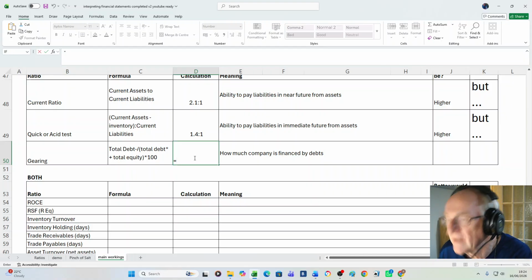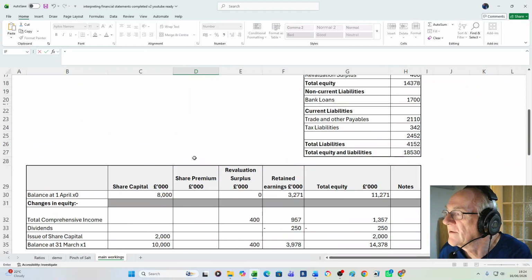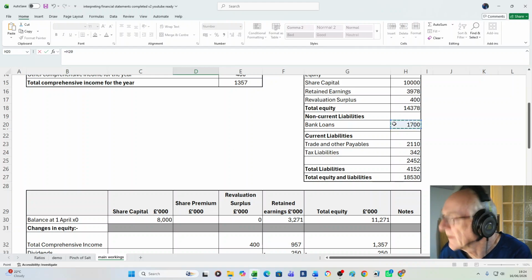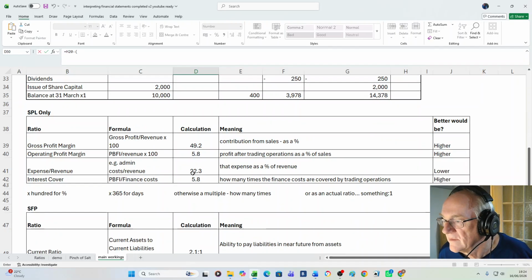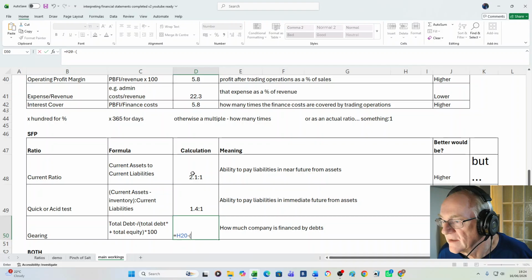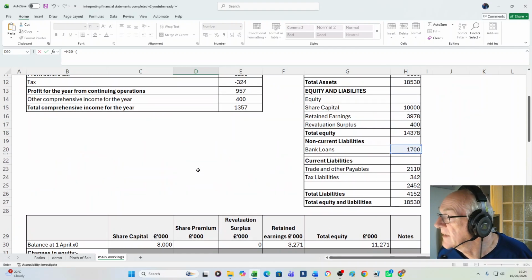So the total debt is just going to be the bank loan divided by, I read the formula, total debt plus equity, so the capital employed effectively, except we don't use that phraseology, but it is the same as capital employed.